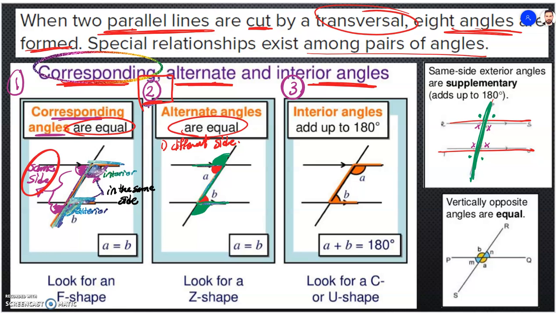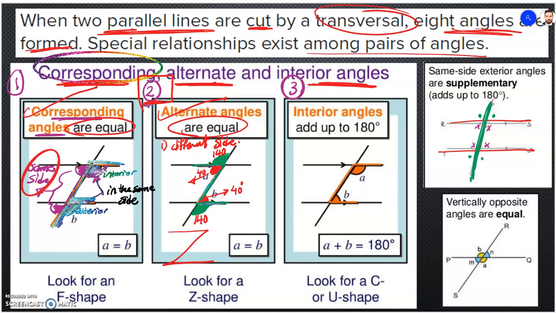And the red angle here is alternate interior angles. They are equal in measure. If this one is 40 degrees, this one is also 40 degrees. If this one is 140 degrees, the exterior angle there is 140 degrees. I hope you understand from me alternate angles and corresponding angles.